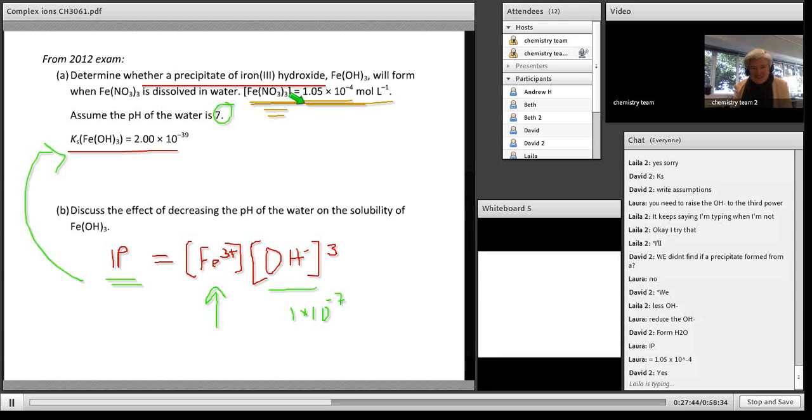I'm making you learn all this rote learning, but your solubility rules just give you that extra confidence. You don't actually have to know them off by heart, but it gives you the confidence to answer the question. So you'll know that that value gets substituted into the expression over there.